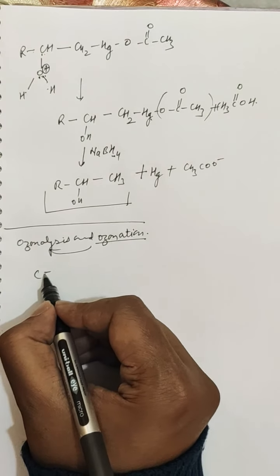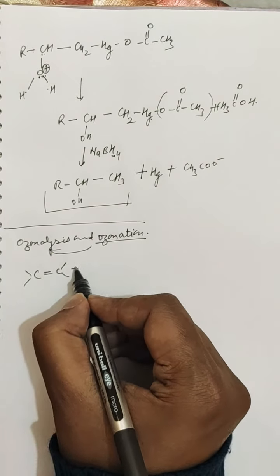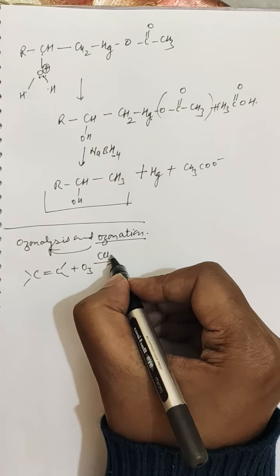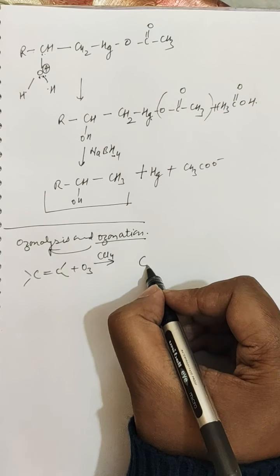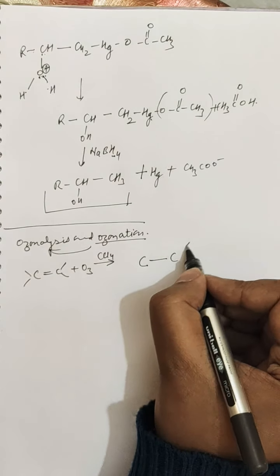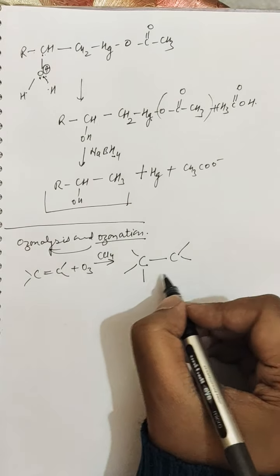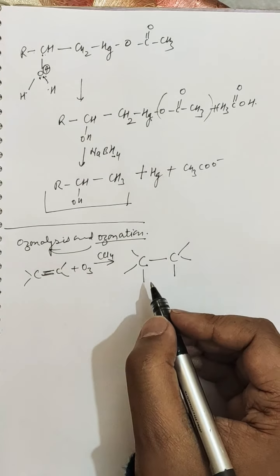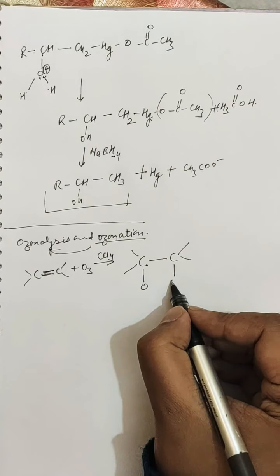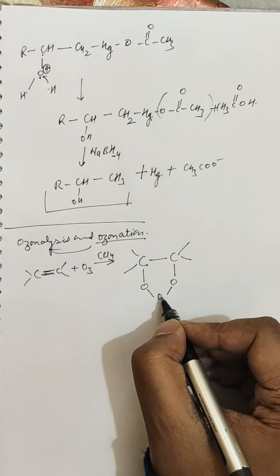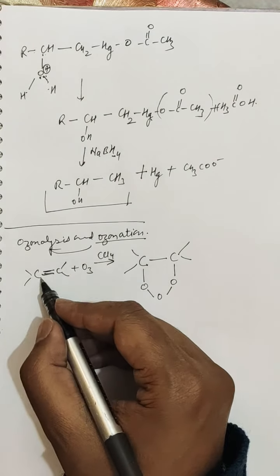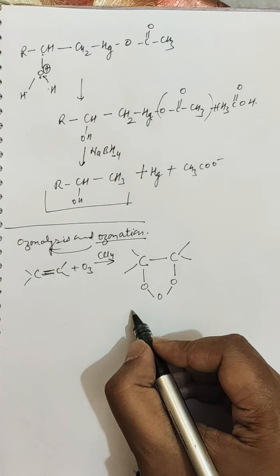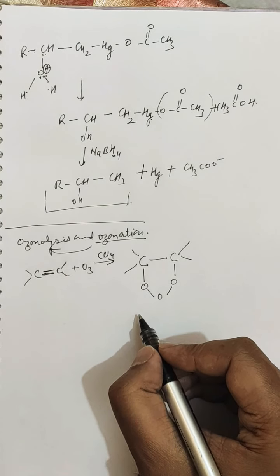So in this reaction, alkene reacts with O3, that is ozone, in the presence of CCl4. It results in the formation of ozonide. So it's not that tough. You just have to keep in mind that the reaction will take place at this alkene, and it will result in the formation of monoozonide, because ozone gets added to this double bond, and this is called monoozonide or ozonide.